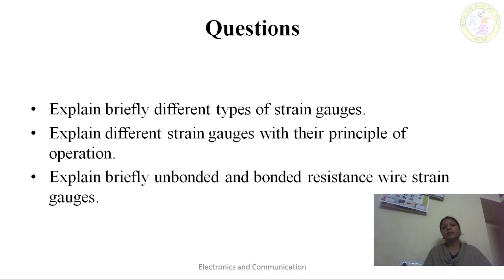In this session you have studied the strain gauge completely: the working principle, gauge factor, one problem calculating the gauge factor, and different types of strain gauges, bonded, unbonded, wire type and foil type. Thank you.